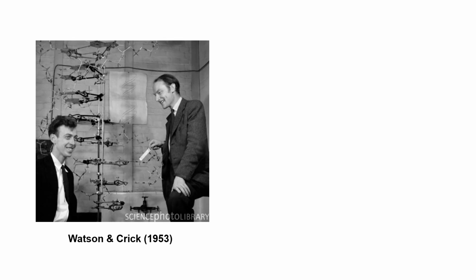Another key piece of information: Rosalind Franklin got the X-ray diffraction pattern of DNA molecules. This can give a very important clue about the structure of DNA. Finally, these two guys, Watson and Crick, figured out this molecule has a double strand, in particular a double helical structure.